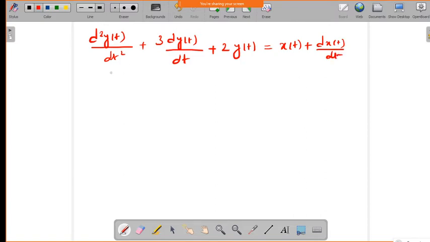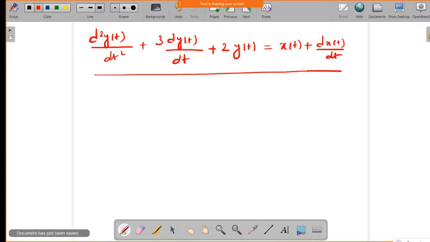Now try to find out the natural response for this differential equation.